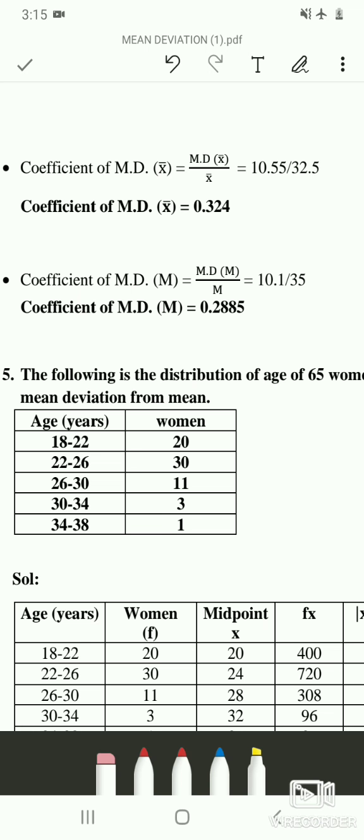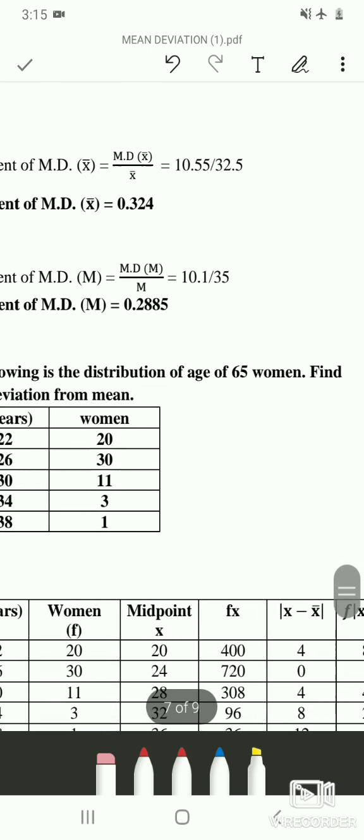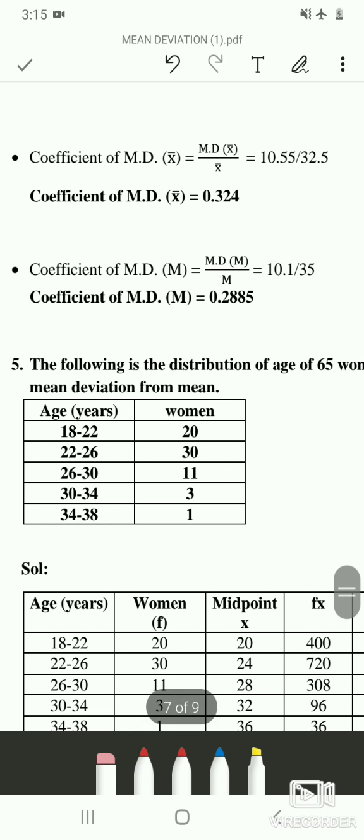The question is: the following is the distribution of age of 65 women. Find the mean deviation from mean. The age in years is from 18 to 22, 22 to 26, up to 34 to 38, and the frequencies of women are 20, 30 and so on till 1.